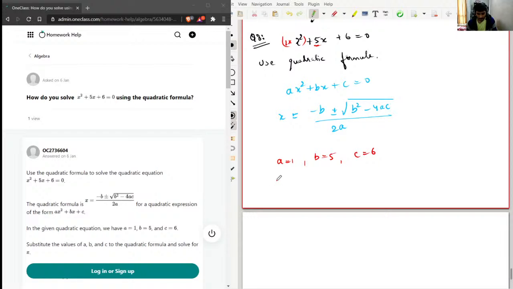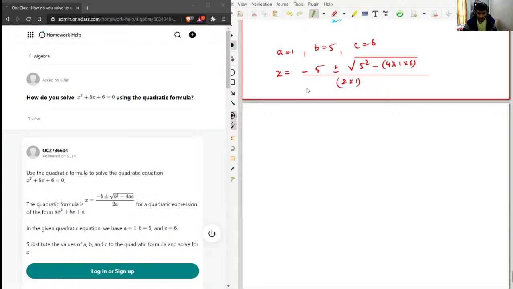So I can write x equal to minus 5 plus minus square root of b square, means 5 square, minus 4 into 1 into 6, over 2 into a.